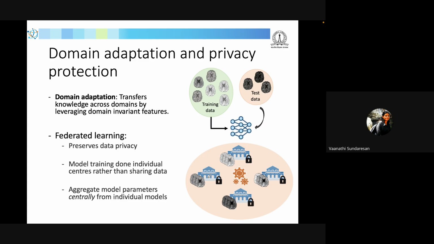So the local models present in the clients are involved in model training, and then the models are finally aggregated to a global model which is present in the centralized server. So now you can see there is no need for sharing data.